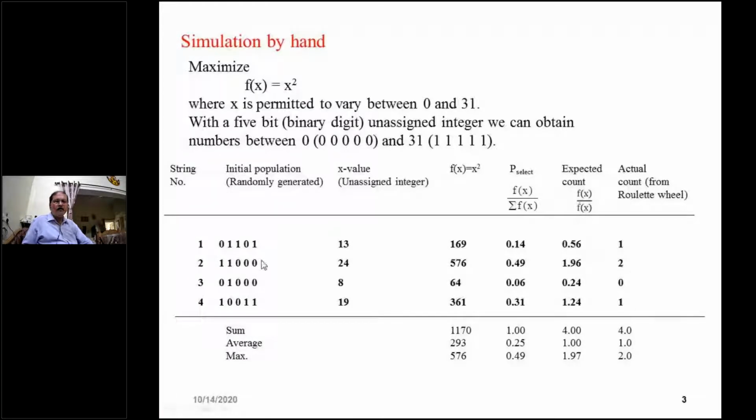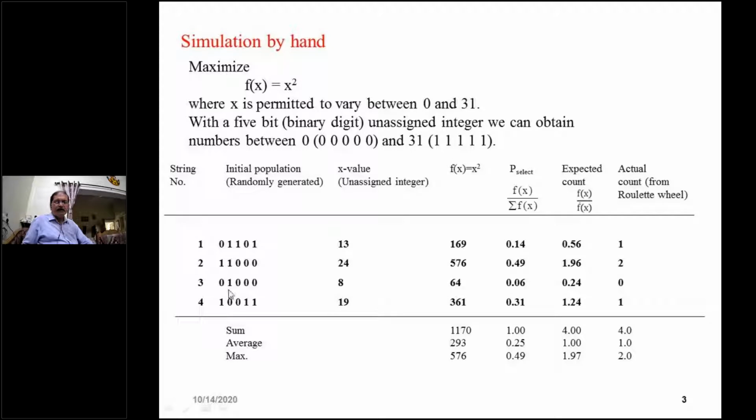So 2 copies. Since this is a better solution, it is a maximization problem, and the x square value is 576, better solutions will have multiple copies going to the next generation. So we have taken 2 copies of string 2, or population member 2.